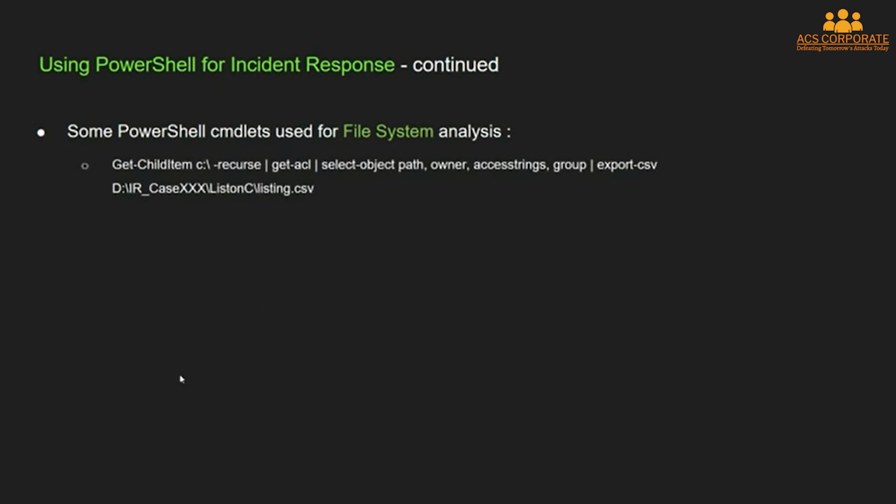For the file system, you can use Get-ChildItem to browse different folders in the file system. Maybe you will need to get the access control or the security descriptor of the files recursively, of course, and maybe you will need to show only the path, owner, access strings, and the group of each file under the C partition.